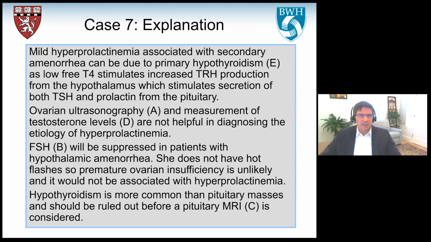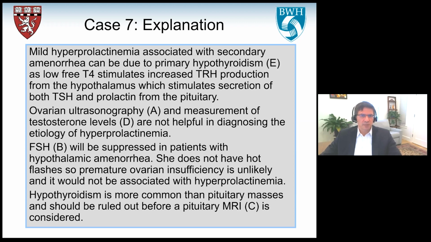Mild hyperprolactinemia associated with secondary amenorrhea can be due to primary hypothyroidism, as low free T4 stimulates increased thyrotropin-releasing hormone or TRH production from the hypothalamus, which stimulates secretion of both TSH and prolactin from the pituitary. Testosterone levels are not helpful in diagnosing the etiology of hyperprolactinemia.